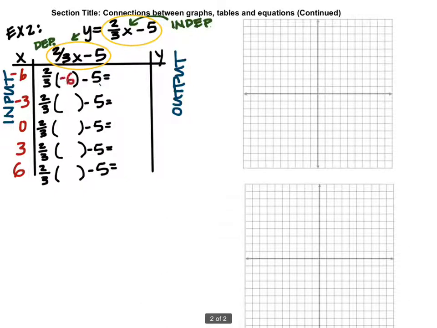When I do so, you'll notice that the 3 and the -6 can cancel, because -6 can be written as a fraction. Any integer, in fact, can be written as a fraction if divided by 1.